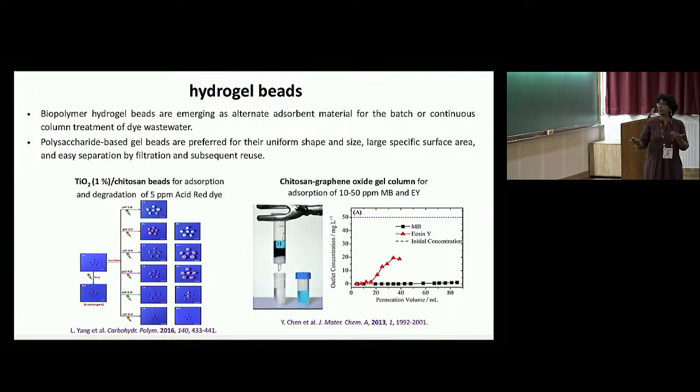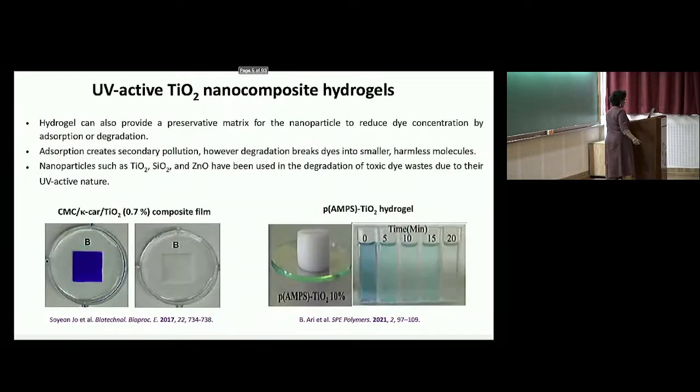And in this case, polysaccharide-based gel beads are prepared. So this is the example, and this is the column. The authors are putting some model contaminated water, in this case some dye solution, and they are seeing how much dye is absorbed by these polymeric beads. So the point is that you can make them into different shapes for different purposes.